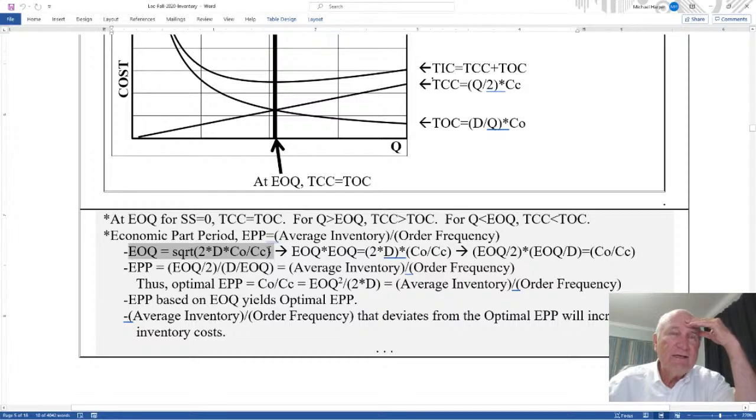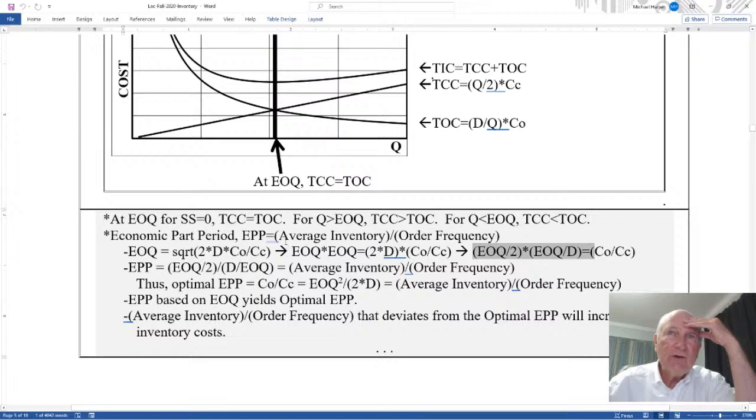You can go through this as I go through it. Square both sides. So this is squared. The right-hand side, the square root goes away. Divide through by 2D. EOQ over 2, EOQ over D. The right-hand side is this ratio. Okay. Now, the EPP is defined as this ratio.